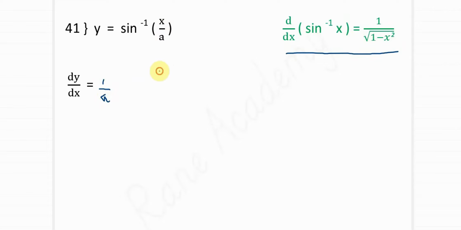And here we differentiate, so here instead of x what do we write? Instead of x we write x by a. So we have 1 upon under root 1 minus x by a whole square. So this will be x square upon a square. Okay.